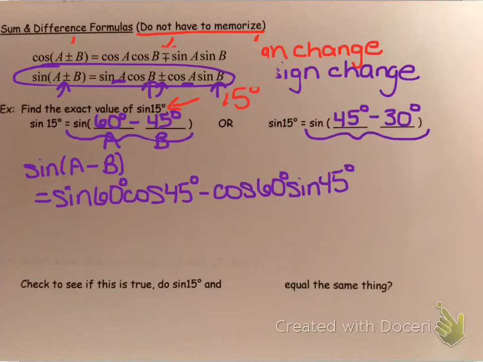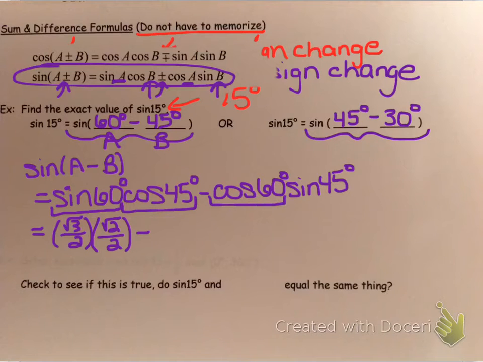Now sine of 60 degrees from your unit circle is square root of 3 over 2, and cosine of 45 degrees is square root of 2 over 2, minus cosine of 60 degrees is 1/2, and sine of 45 degrees is square root of 2 over 2.